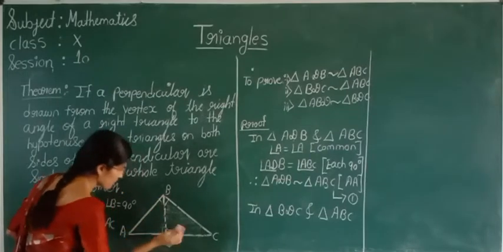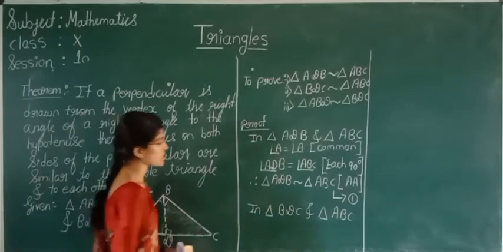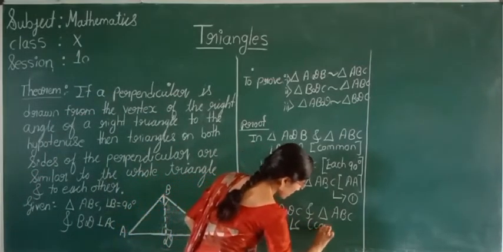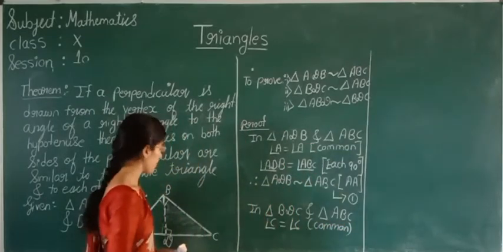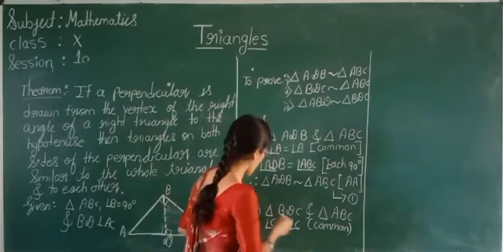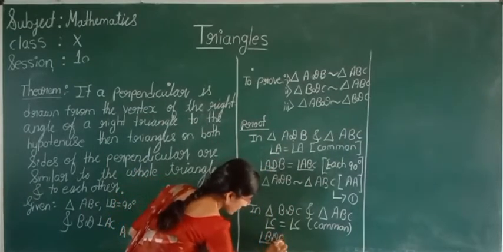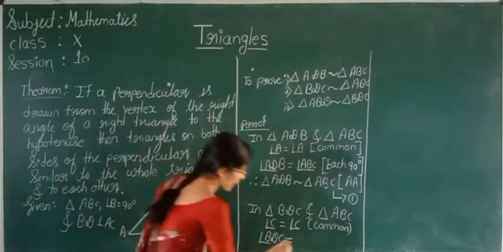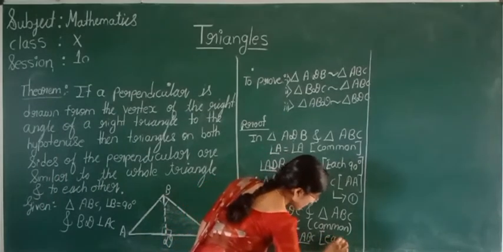What things are equal? Angle C is equal to angle C. It is common. Right? Next, angle BDC is equal to angle ABC. What is the reason? Each is 90 degrees.